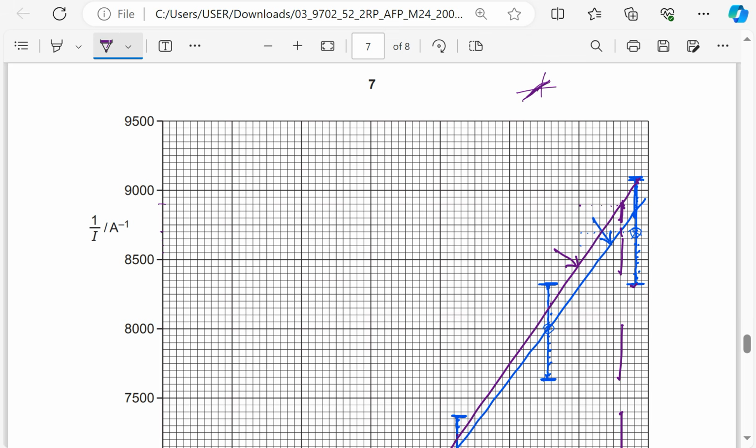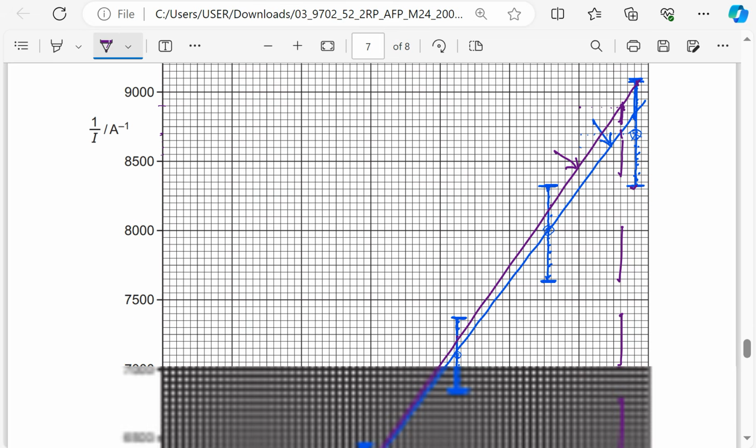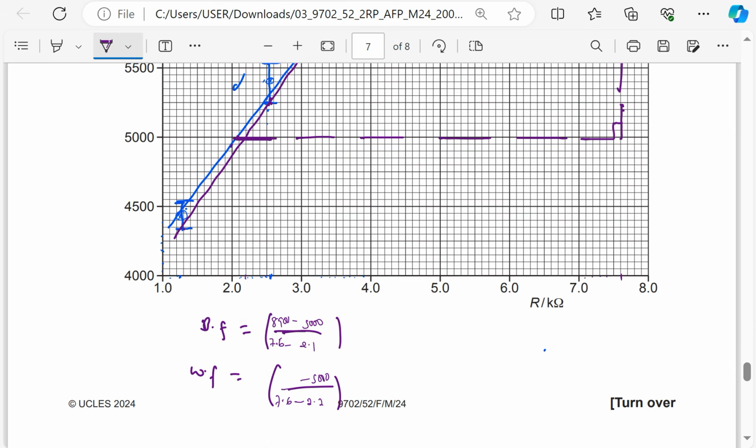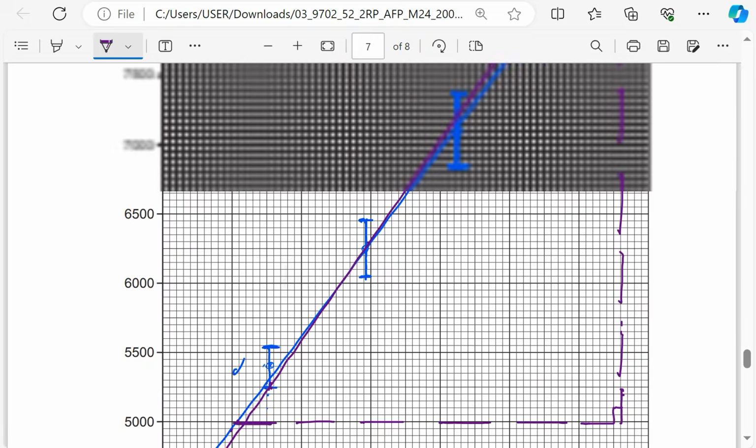I hope I didn't make a mistake here. 50, 100, 200. This is 700, it's not 900. The scale on the vertical is 500 by 10, which is 50 for one box.